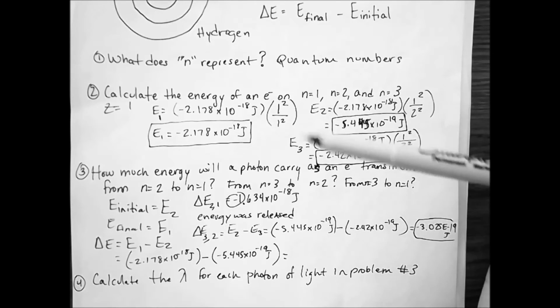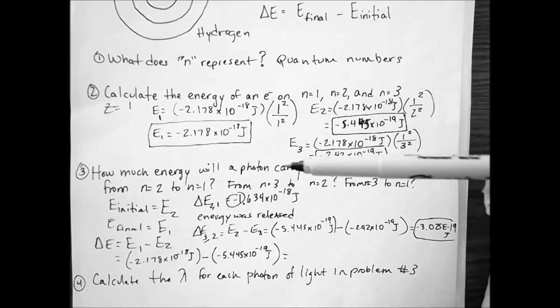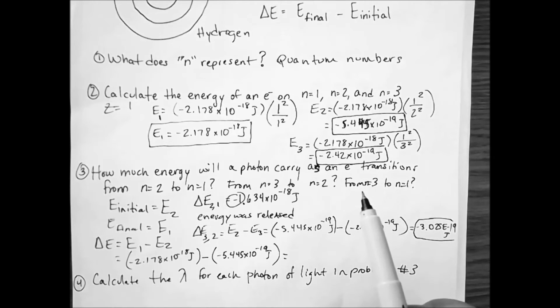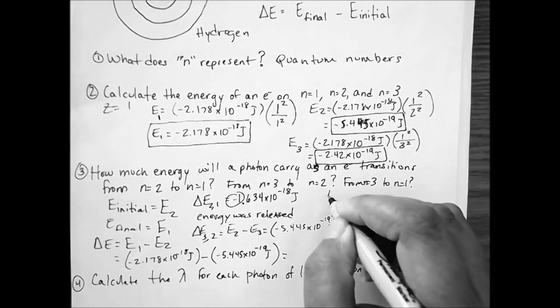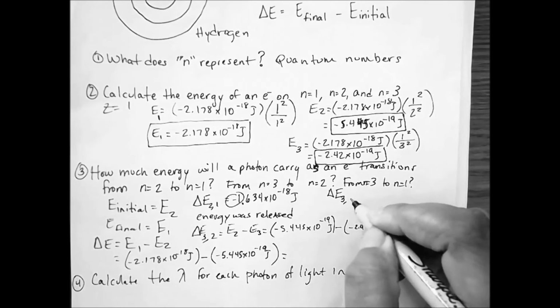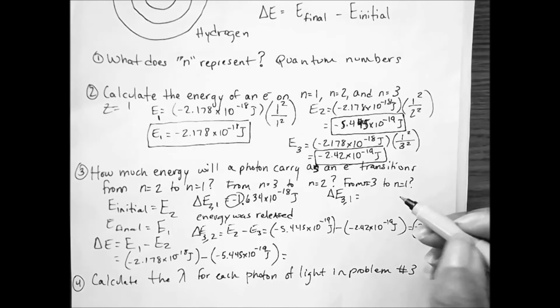All right. So now here we are. We just did the energy from the second to the first and from the third to the second. And now the final one asks, what's the change in energy going from the third level all the way to the first level? To calculate the change in energy, we need to know the final spot and the initial spot.